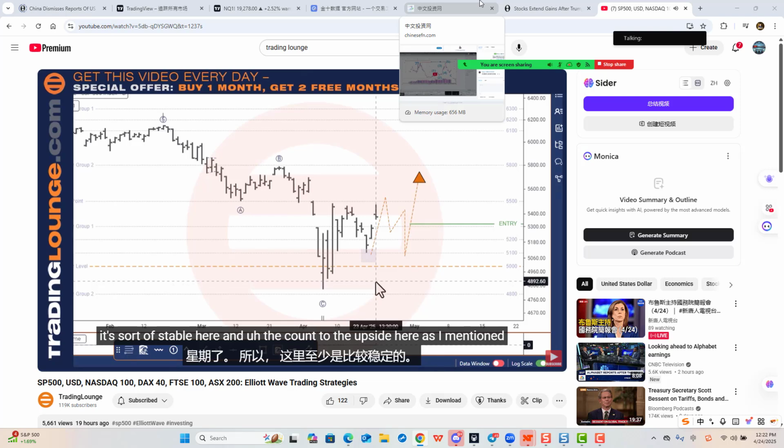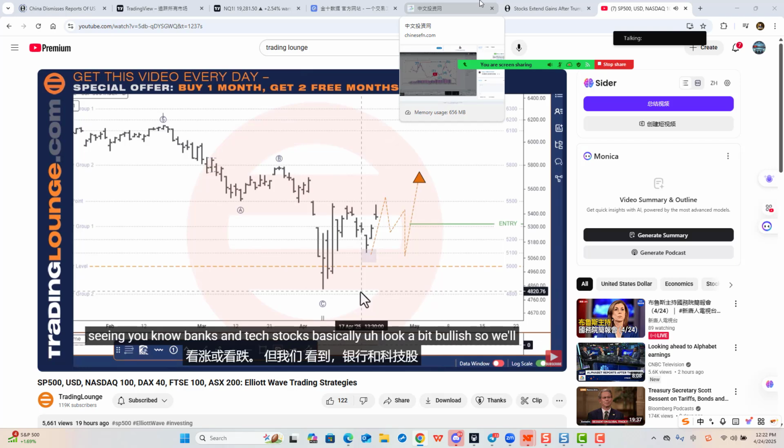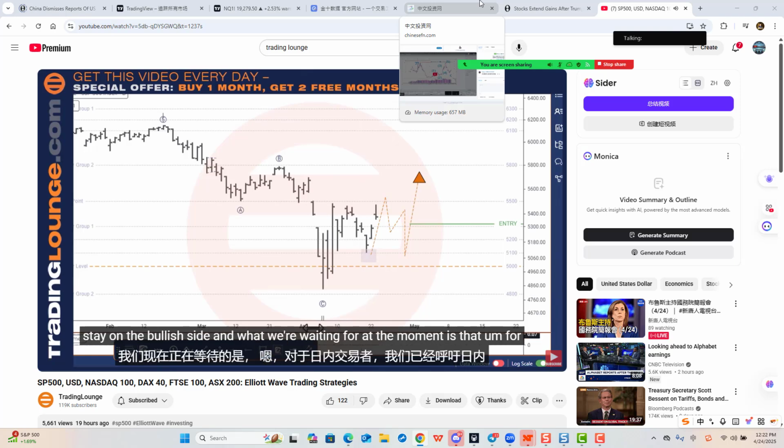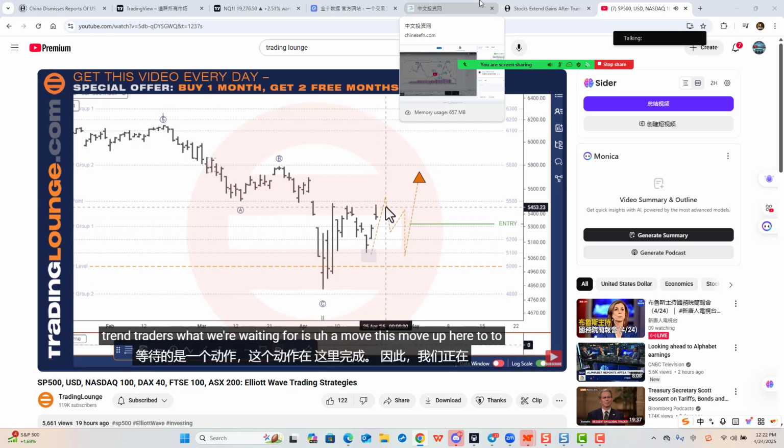And the count to the upside here, as I mentioned, can be viewed as bullish or bearish, but we're seeing banks and tech stocks look a bit bullish, so we'll stay on the bullish side. For day traders, we've called day traders to be long, but for swing traders and trend traders, what we're waiting for is this move up here to complete.